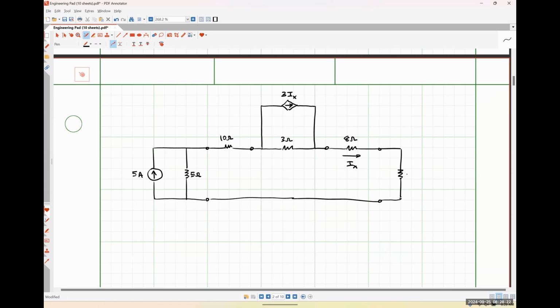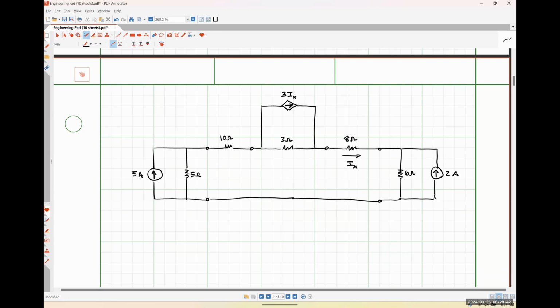Let's call this 6 ohms. And let's make this guy over here 2 amps. All right. So I have drawn a circuit.